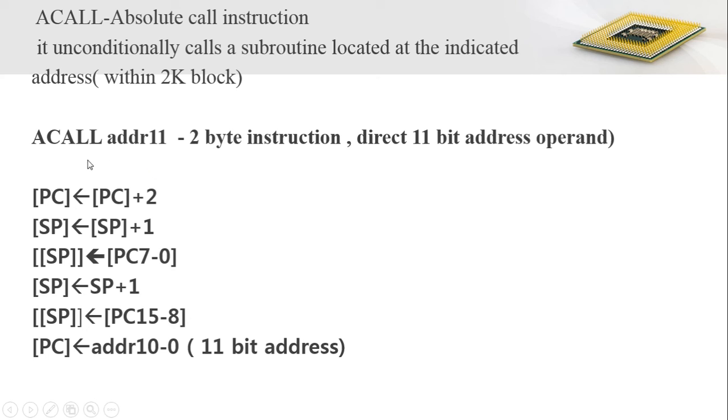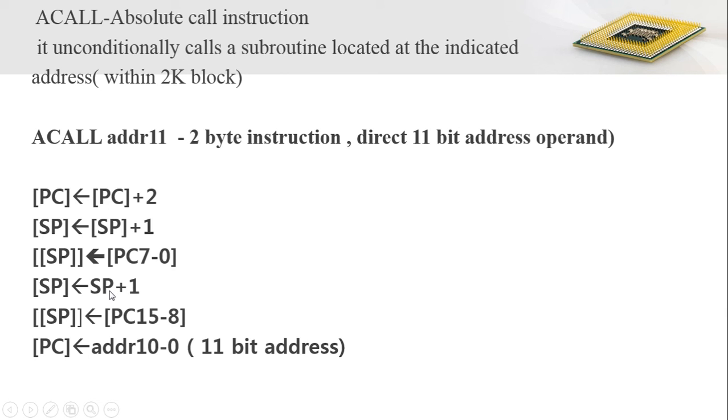Okay, so while executing such an ACALL instruction, what will happen? This is a 2-byte instruction, so first increment the program counter by 2. After incrementing the current value of the program counter by 2, we get the next instruction address of the main program. That particular address forms the return address to the main program. So increment PC by 2, then increment the stack pointer by 1, and to that stack top location load the lower byte of PC.